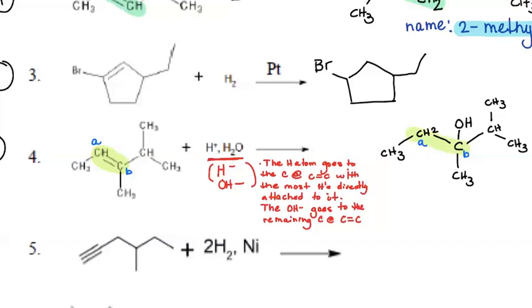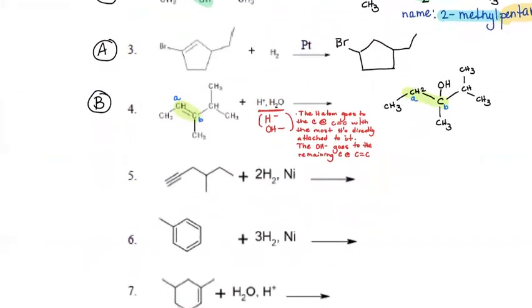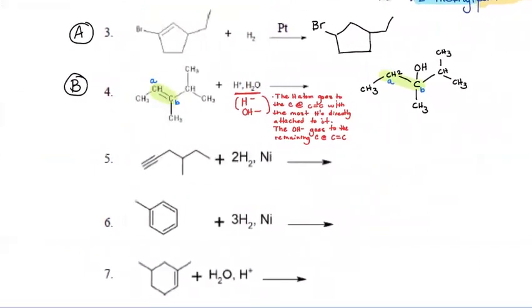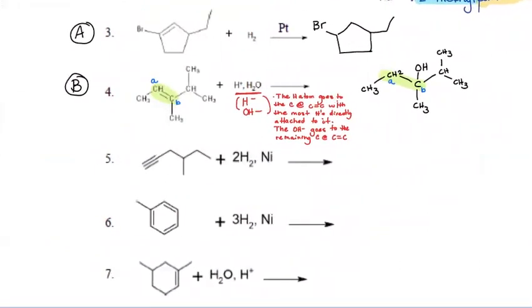Okay, let's practice the last 3. What kind of reaction is number 5? A, B, or C? Excellent. This is a hydrogenation.